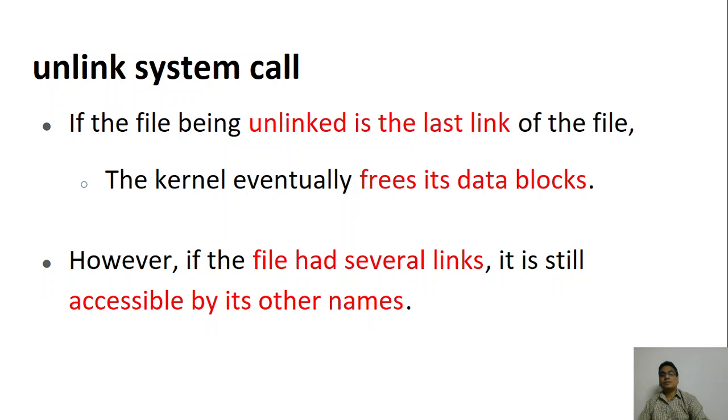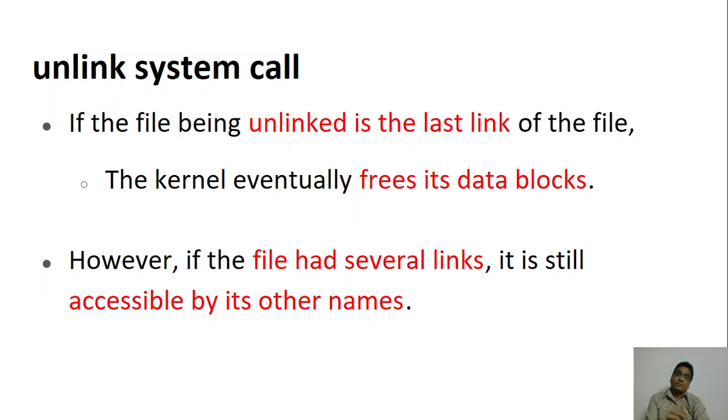Otherwise, if there are several links, so the link count is more than 1, then the link count will only be reduced and the original file will not be touched. The file will be removed only when its last reference is deleted. When the last reference is deleted, the file is physically deleted, or its data blocks are physically freed.